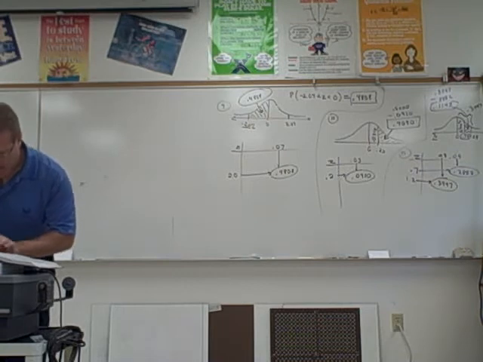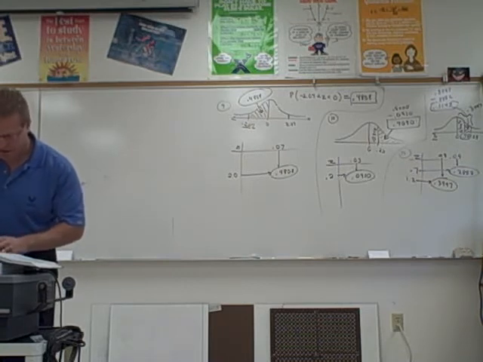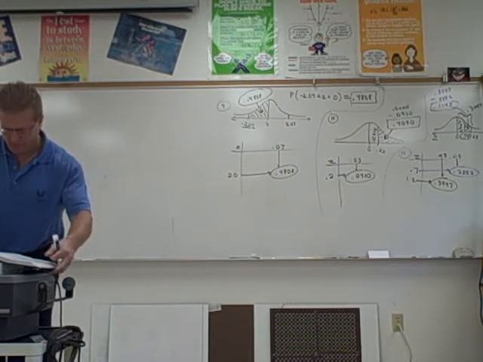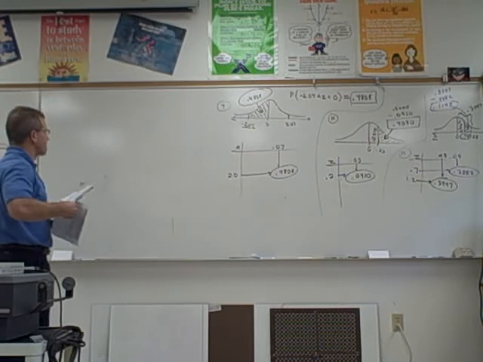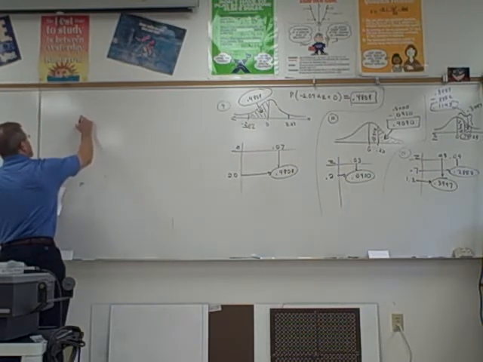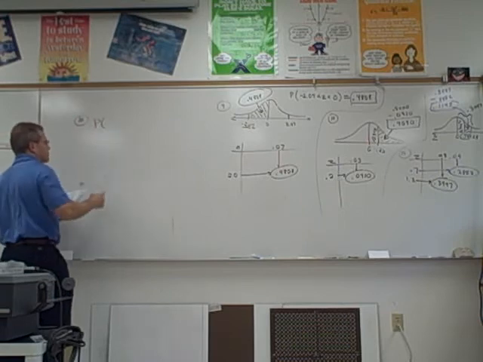Number 35. 35 says, find the probability that z is between negative 2.46 and 1.74. So the capital P stands for probability.